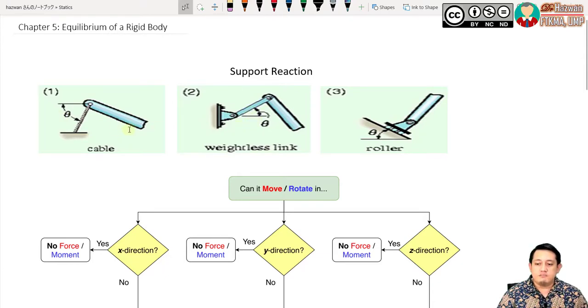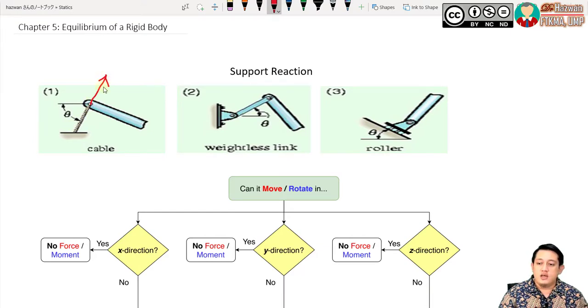For example, just like this cable here, if we try to pull this thing upwards, this cable will prevent it from moving upwards.